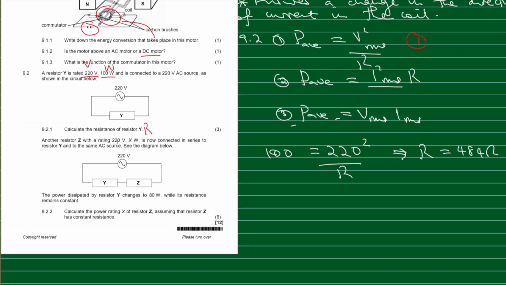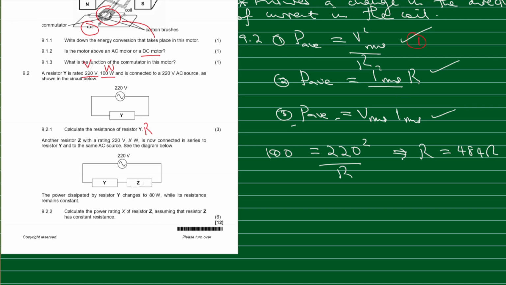Now, going back to the three formulae that we have stated earlier. To calculate the power of a component or a resistor, with equation 1, we need the V. In this case, we know the V for Z, which is 220, because that is the rating. So we know our V, but now we need to find the resistance. Or we can use the current. We need to find the current in Z. Then once we know the current in Z, we can calculate the resistance.